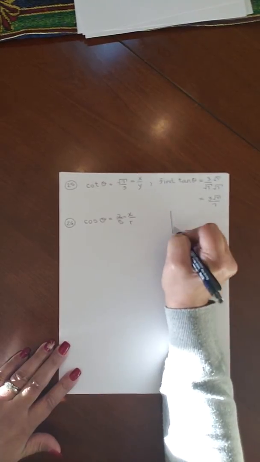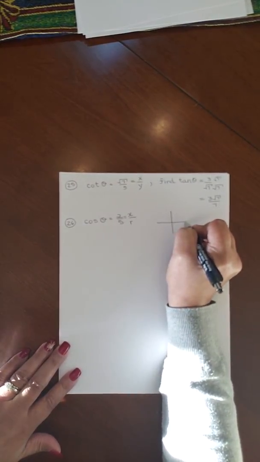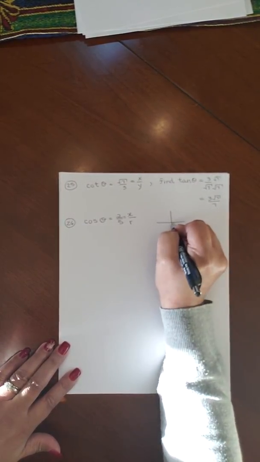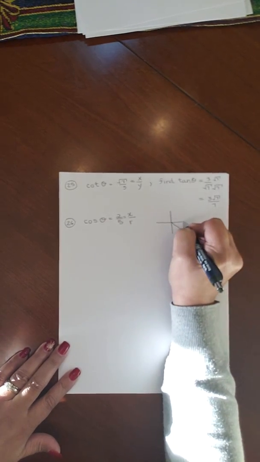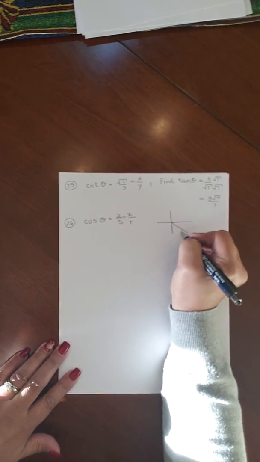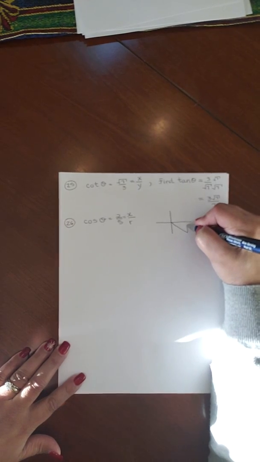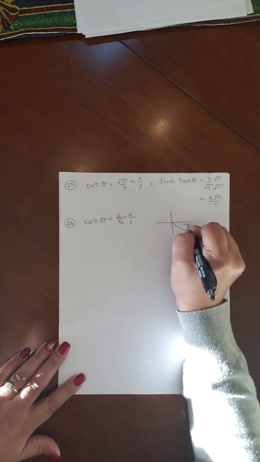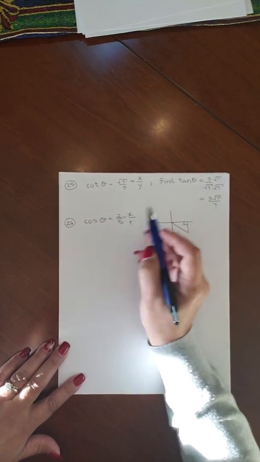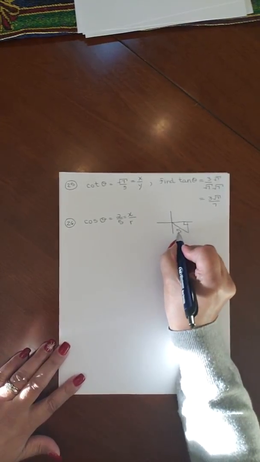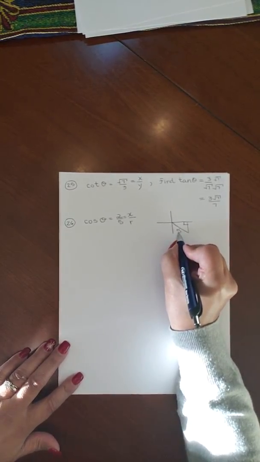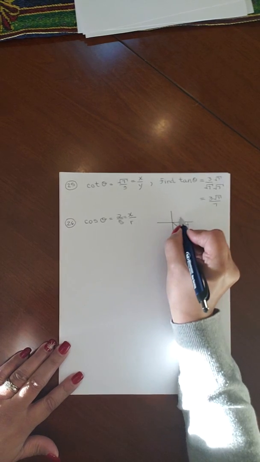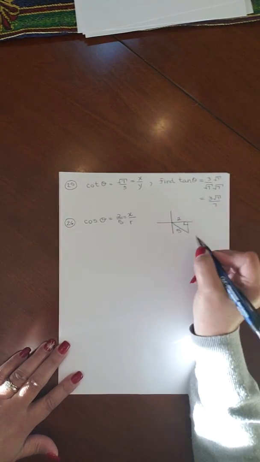So if you wanted to draw a picture in the designated quadrant, you'd be right in here. This is quadrant 4. This hypotenuse just represents the rotating arm. You have values already here. You have a 5 for your hypotenuse, which is always the r value. And the x value is 2.